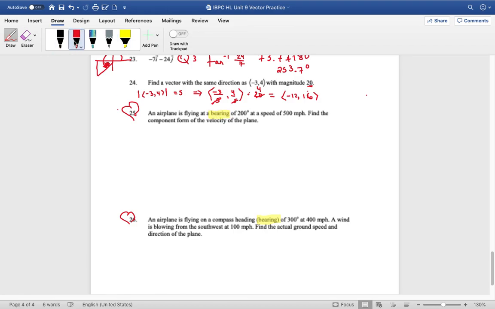Okay, so bearing problems, you just have to remember where you're being measured from. So I have an airplane. Oh, it's terrible, isn't it? My airplane is flying at a bearing of 200. So there's 90, 180, so 200 is about there.